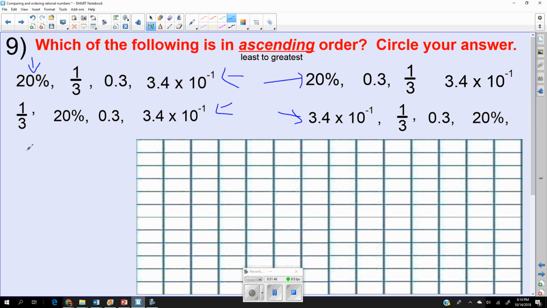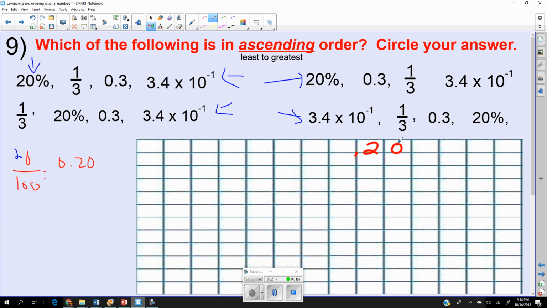So 20% is the same thing as 20 hundredths. 20 hundredths is written as 0.20. I'll put the decimal point right there. So the first one's done.